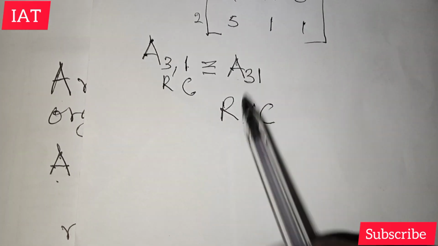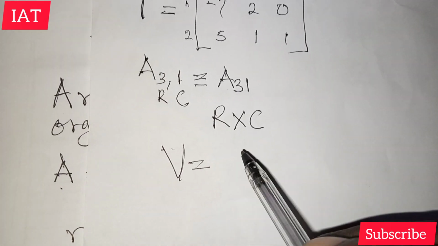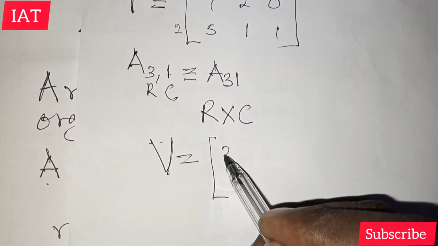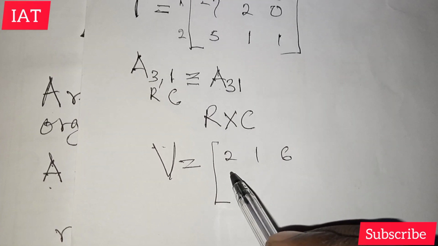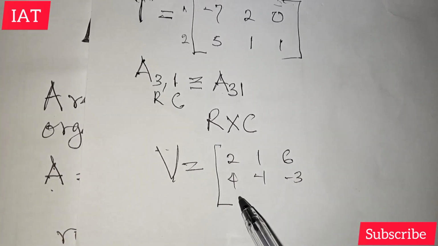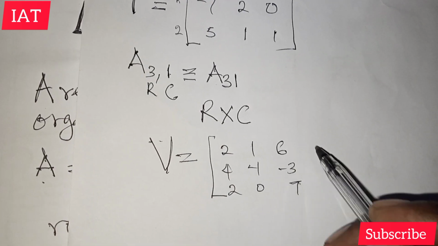This particular question can work when you have, let's say, matrix V equals 3, 2, 1, 6, 4, minus 1, minus 3, 2, 0, 7.